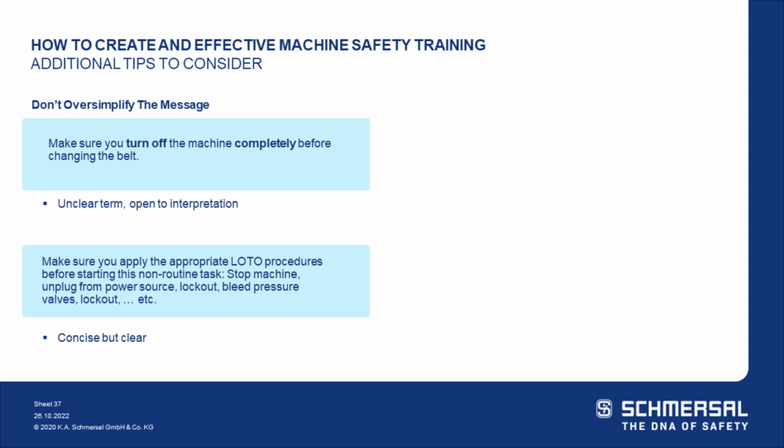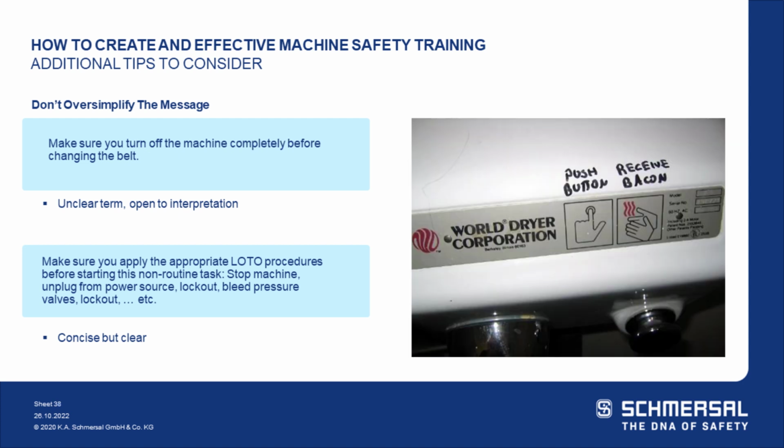If I meant to say, go into a lockout tagout procedure, that's completely different. Because I wasn't clear and I left room for interpretation, I am actually putting somebody in a hazardous situation. So we don't want to oversimplify the message. Again, we want to be concise but clear.